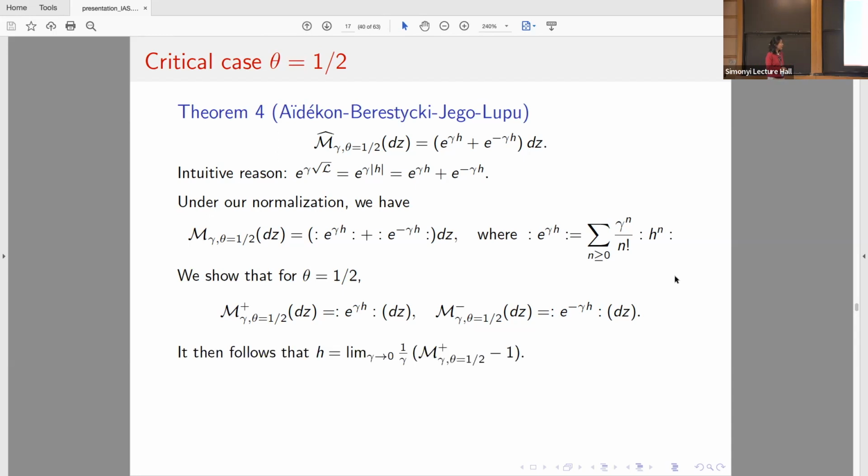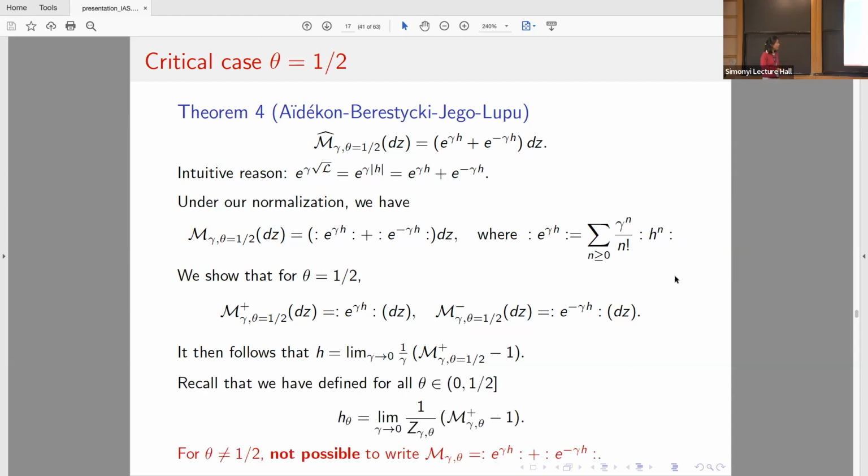Once we have this series expansion and the fact that M plus is equal to exponential gamma h, you can see that it is natural to define h as a limit, when gamma goes to 0, of M plus minus 1. This tells why this definition will give us the correct Gaussian field in this case.